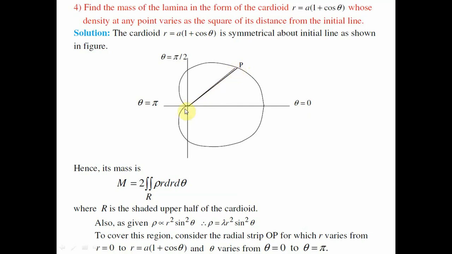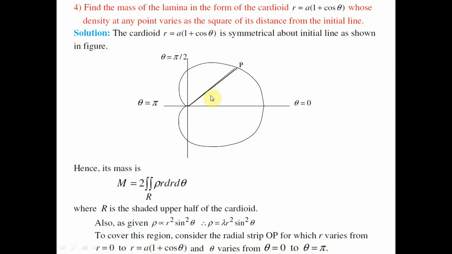So this whole strip lies in the region R. The initial end of the strip lies at the pole itself where r is 0, and the terminal end of this radial strip lies on the boundary of cardioid where r is a into (1 plus cos theta). So the limits for r are 0 to a into (1 plus cos theta).